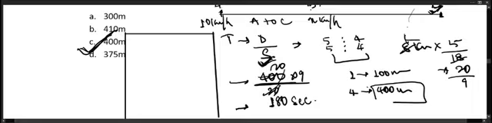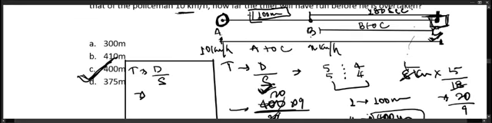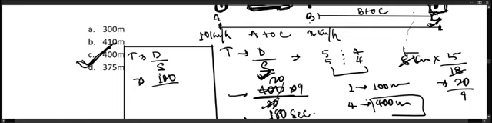This one is even shorter than the earlier approach. We know time is equal to distance upon speed, and we are given the distance of 100 meters between the police and the thief.